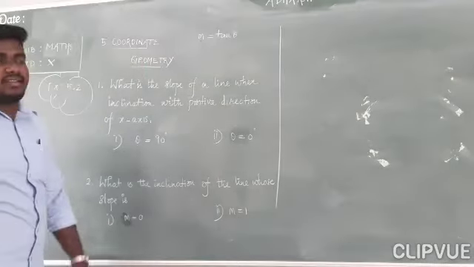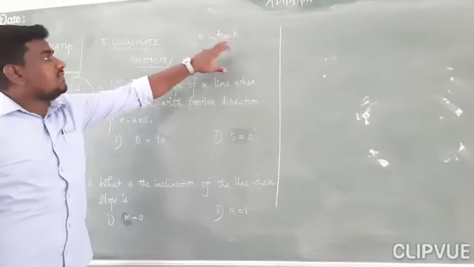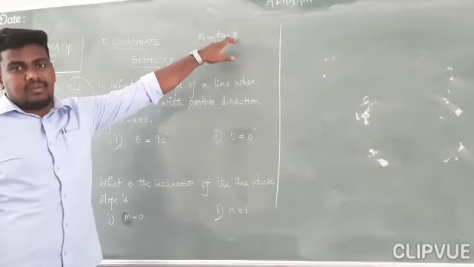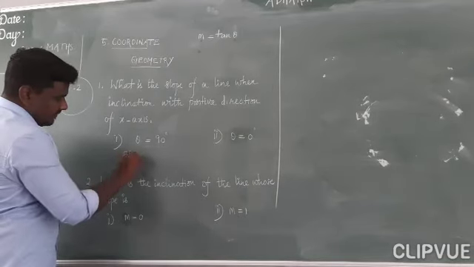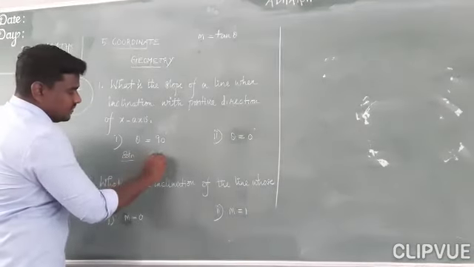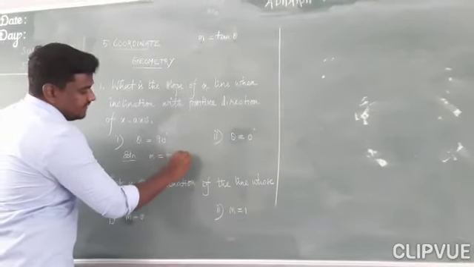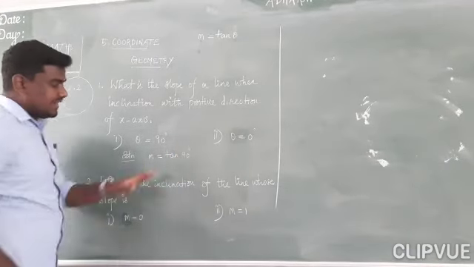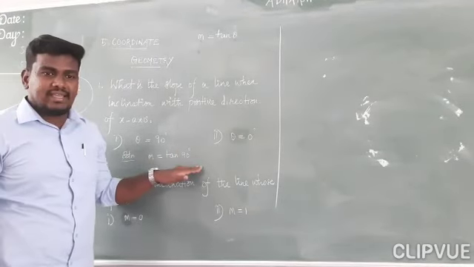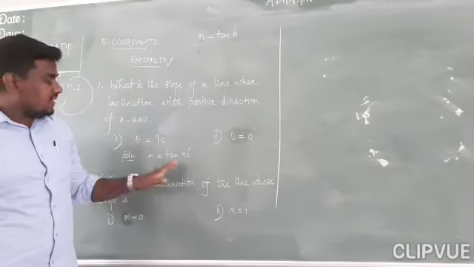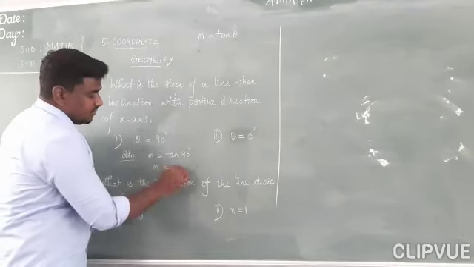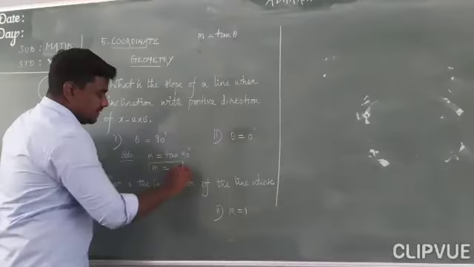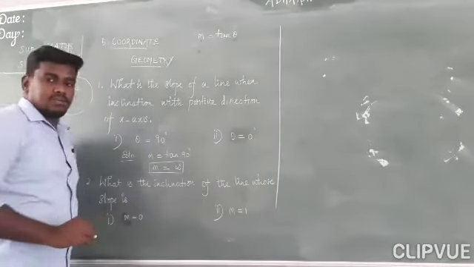Solution: m is equal to tan 90 degree. We replace theta by 90 degree. You know that tan 90 value is undefined. Therefore, m is equal to undefined. This is the answer.